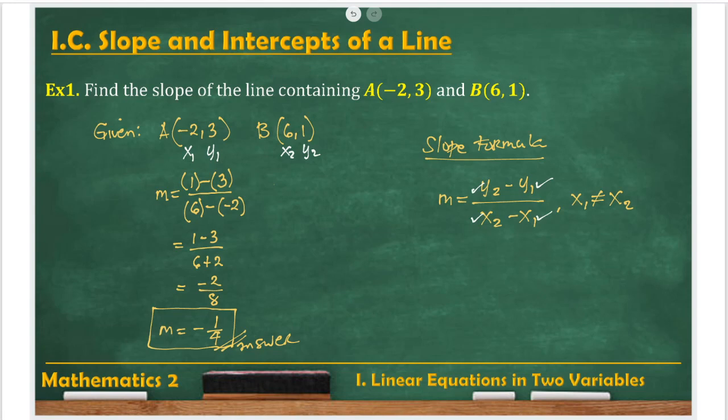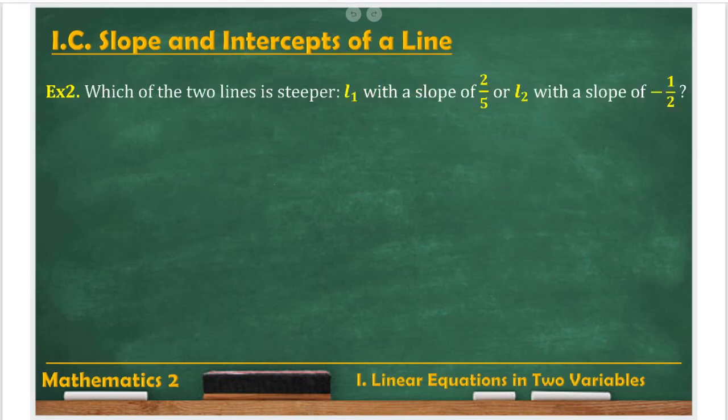Okay, so let's have another example. For example number 2, which of the two lines is steeper? Line L sub 1 with a slope of 2/5 or line L sub 2 with a slope of -1/2.